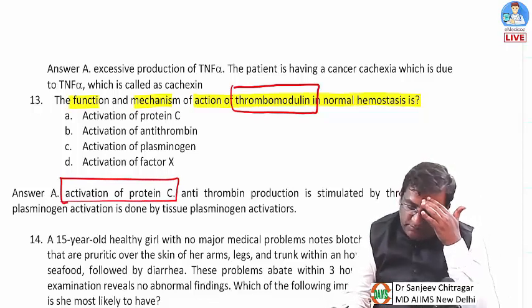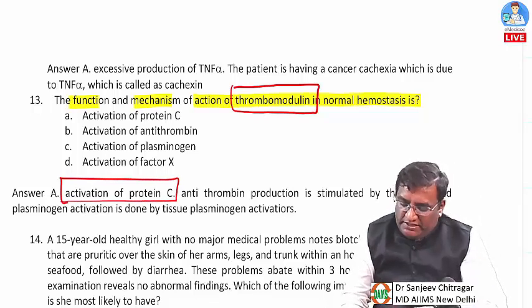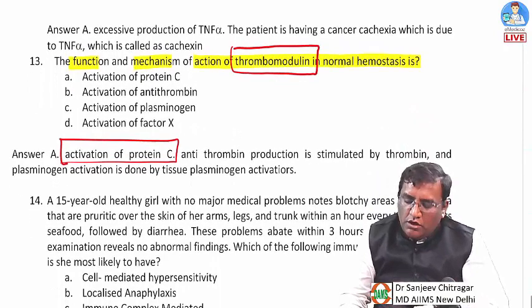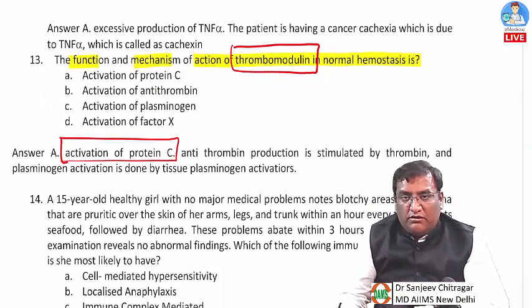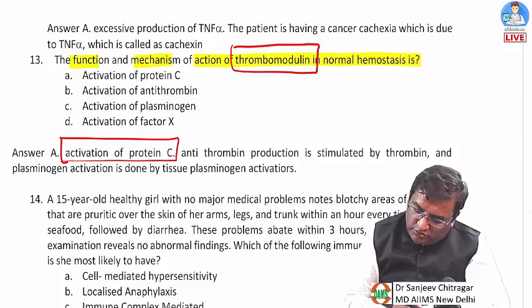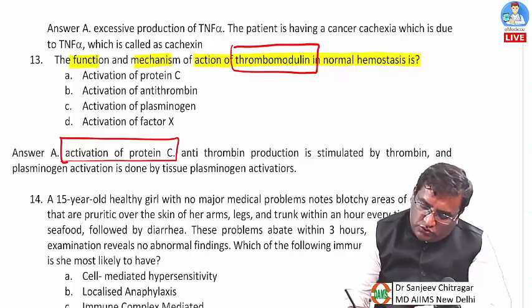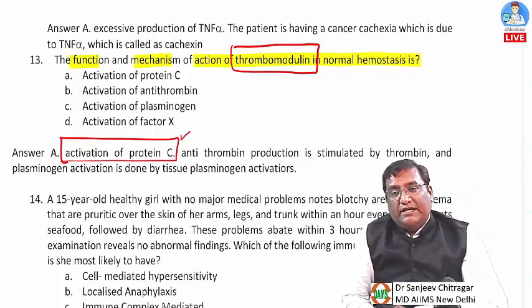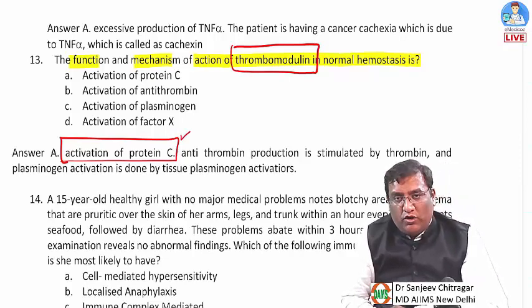So what is this protein C? Thrombomodulin will activate your protein C, and protein C is going to inhibit your coagulation, a naturally occurring anticoagulant.